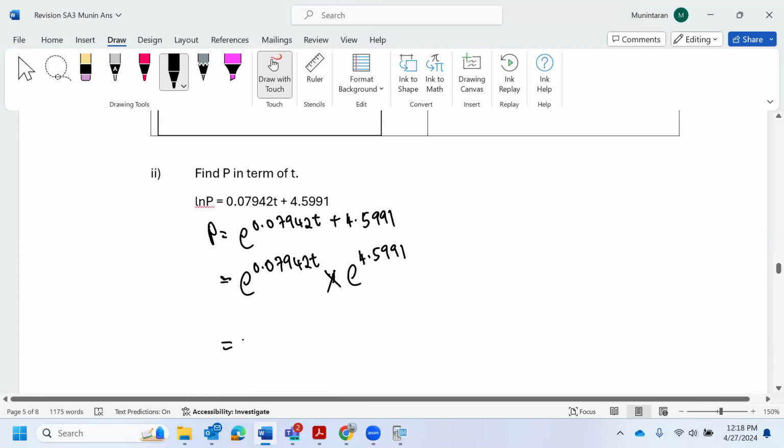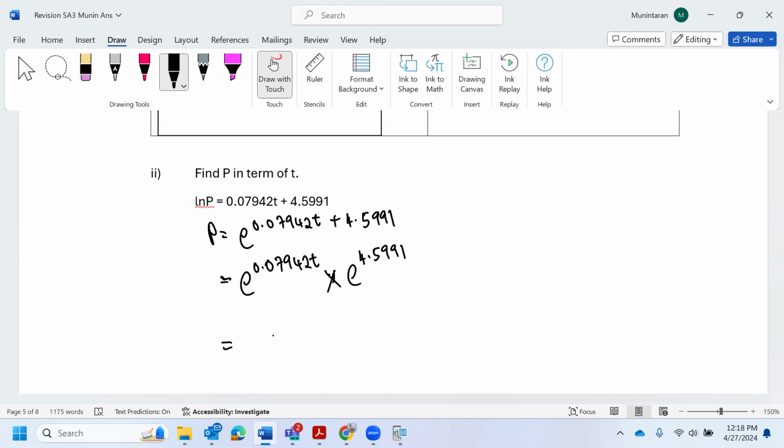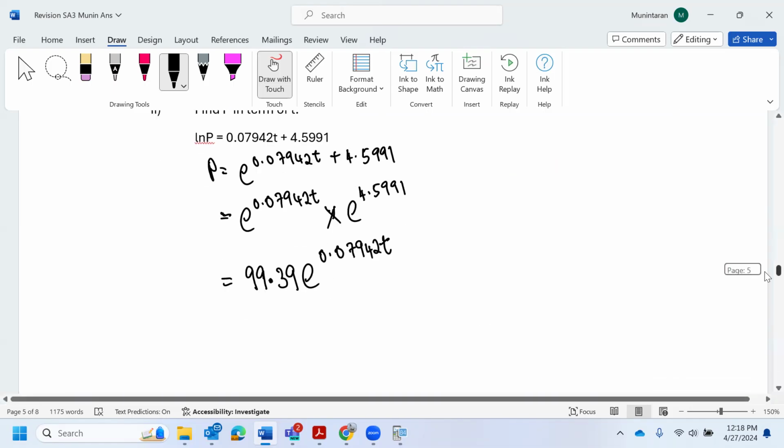You can put the constant or the coefficient in front. So that's 99.39 e power to the 0.07942 t. Okay, so that is the exponential model that we're supposed to get.